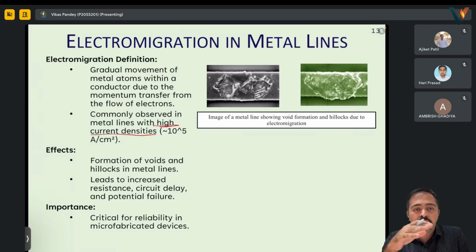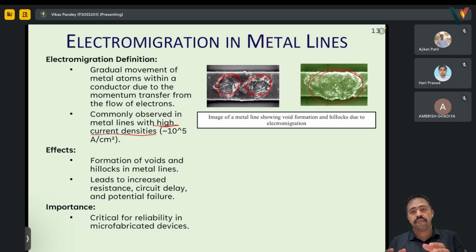And this can lead to voids, like you see here, the metal line looks like there is an etched out kind of structure, or hillock, like metal getting a lump formation. Okay, this leads to increase in resistance, circuit delay, and potential failure of our devices.